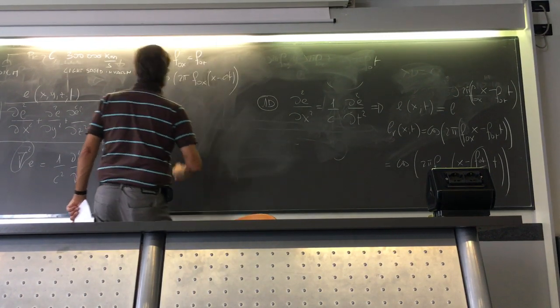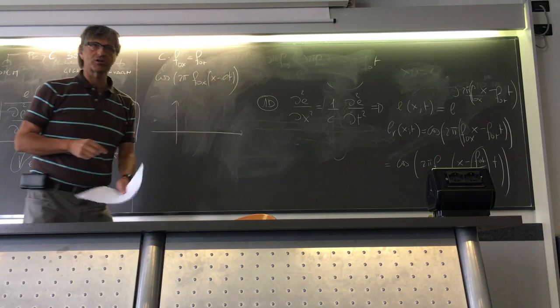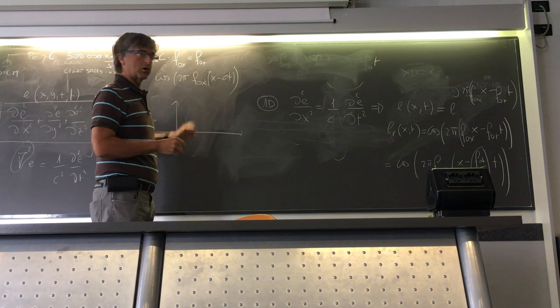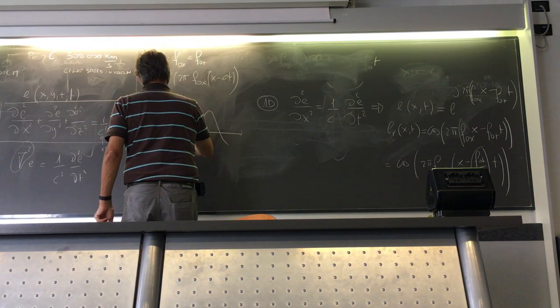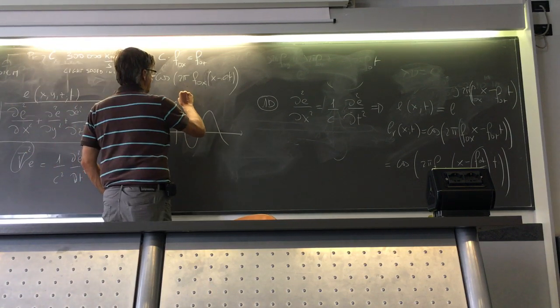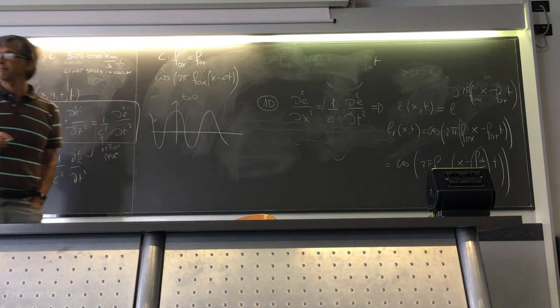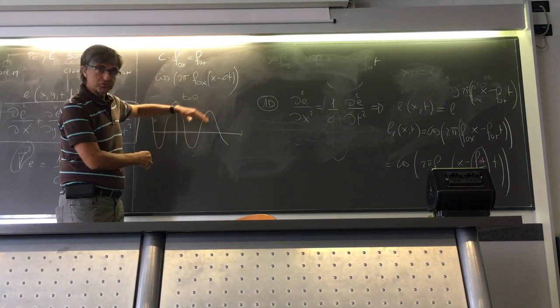If you write it in this way, it means that at t equals 0, the start of time, you have a pure cosinusoid.